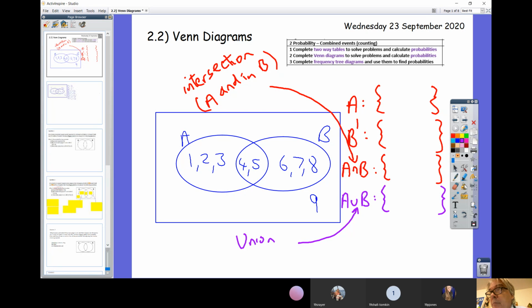Or both? Yeah, very good. So A union B means you're either in A, or you're in B, or you might be in both of them. So can you list all the numbers that are in A union B, please? So that, just to remind you, that's in A or B, or you could be in both of them.